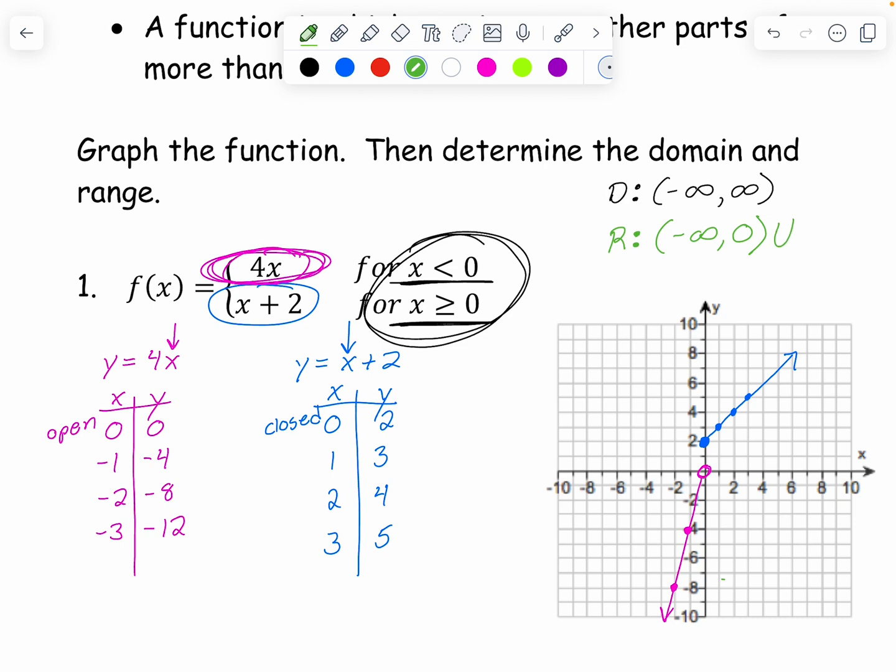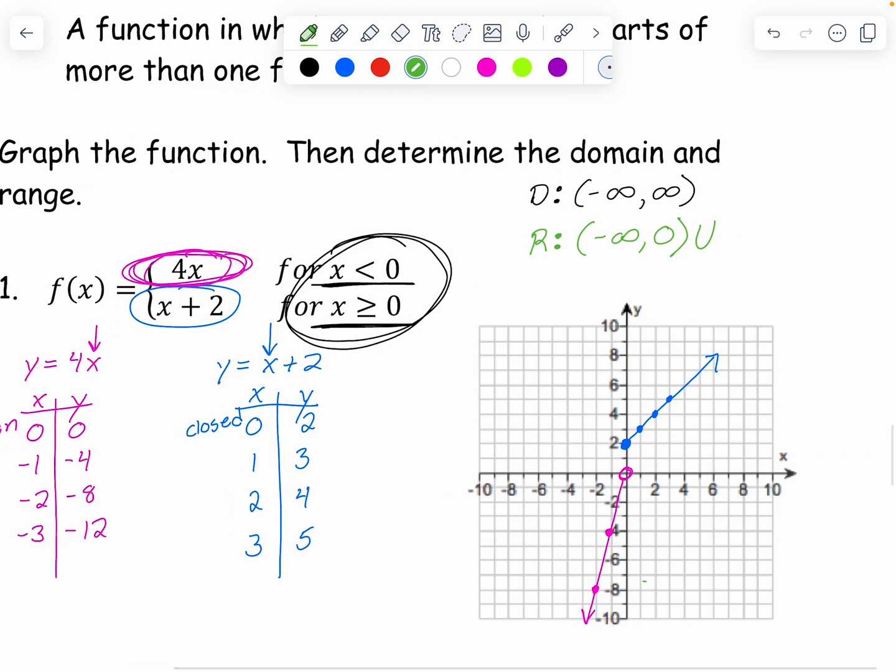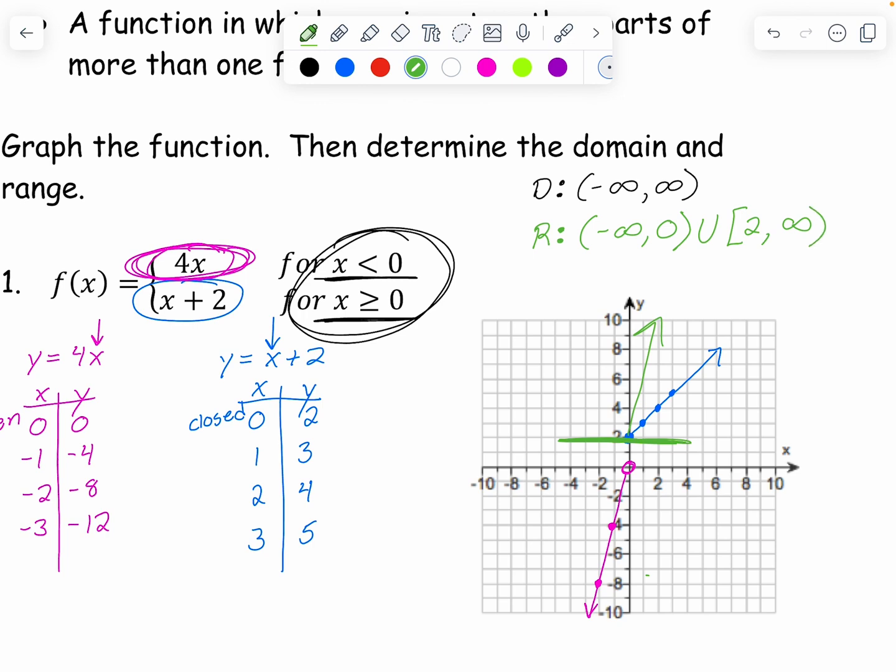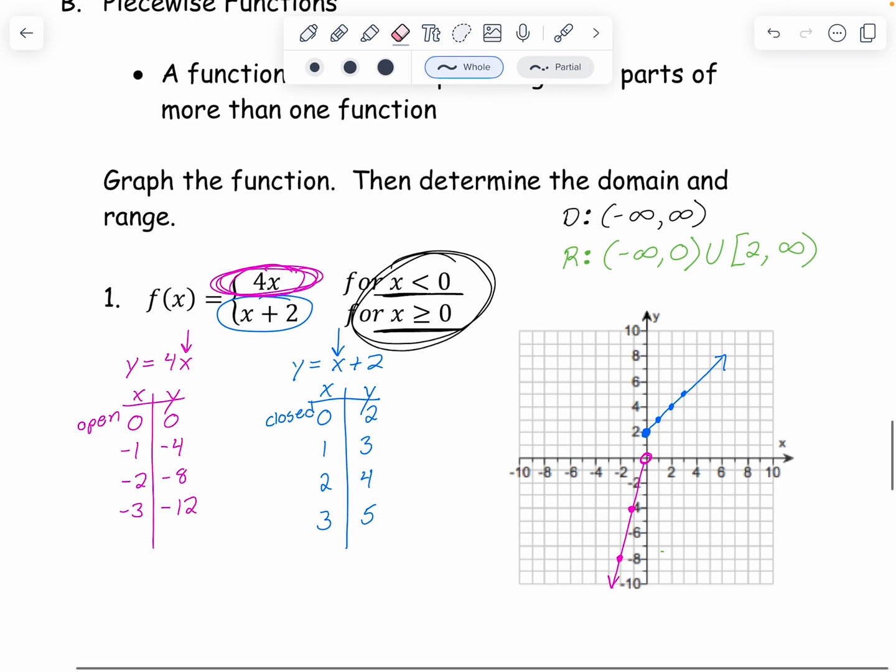So we're going to have a U, and then we're going to have that second piece. My second piece, the y values, begin here at positive 2. This one is a solid circle, so it's a bracket, positive 2, and then from there, it goes up forever. Therefore, we've got to infinity. And so we've got our domain and our range.